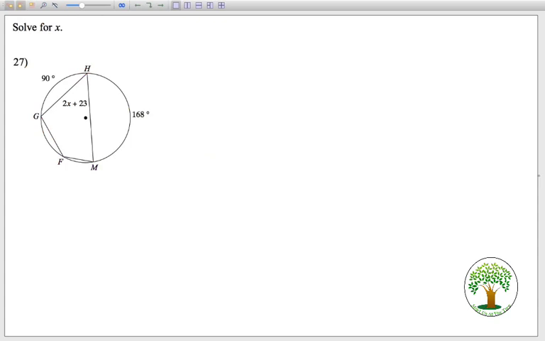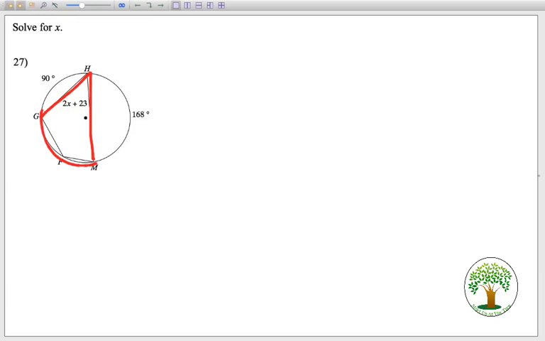All right, let's do 27. We're supposed to solve this for x. This one right here, the intercepted arc, is this piece, and this part's half of that.